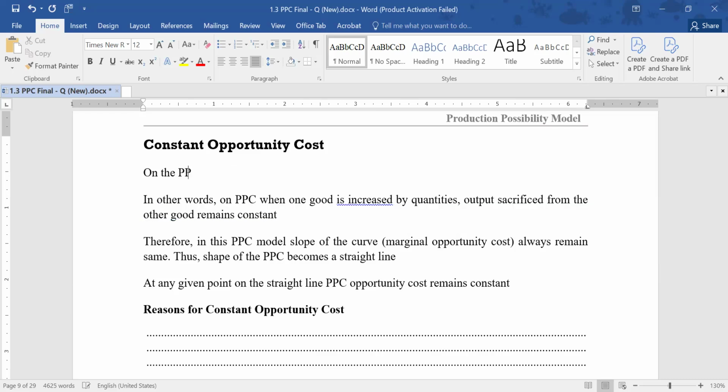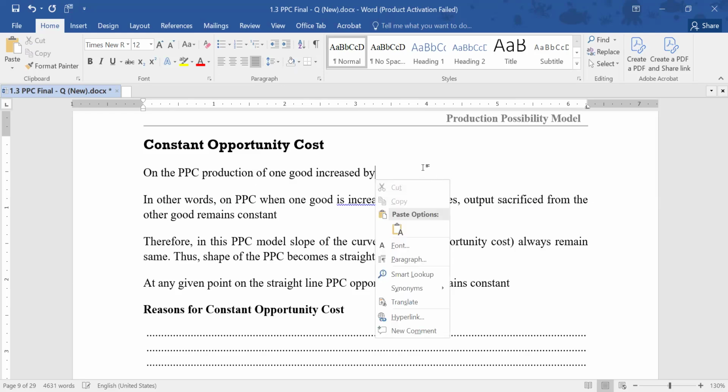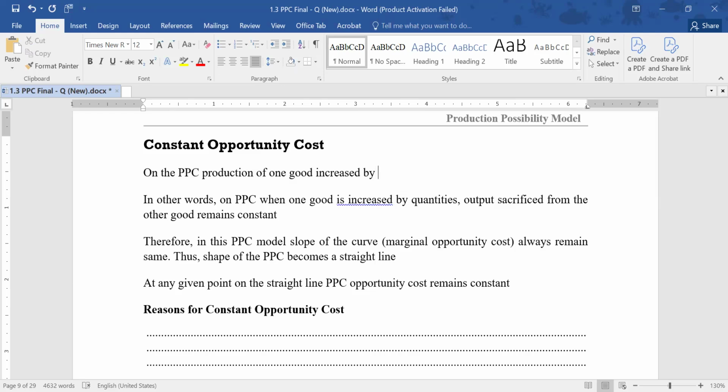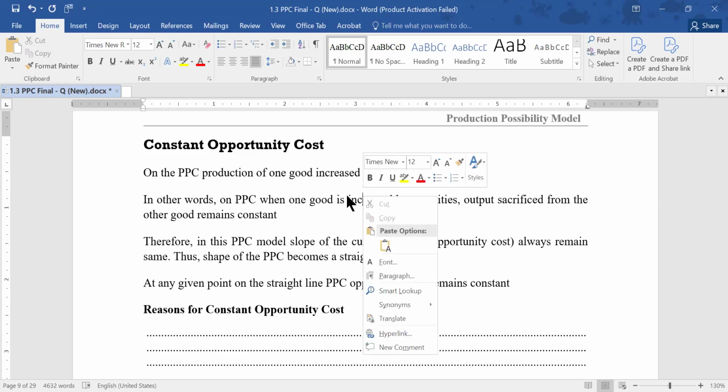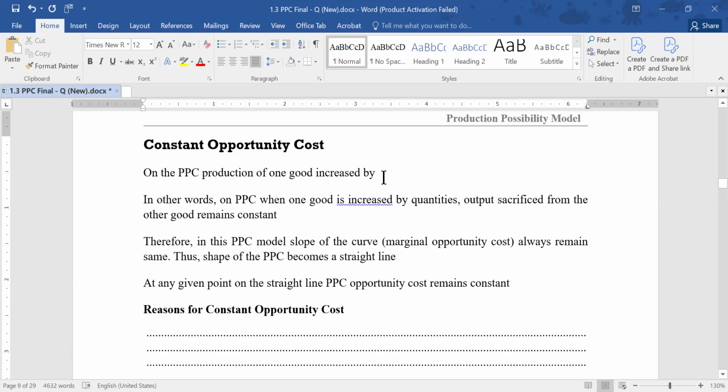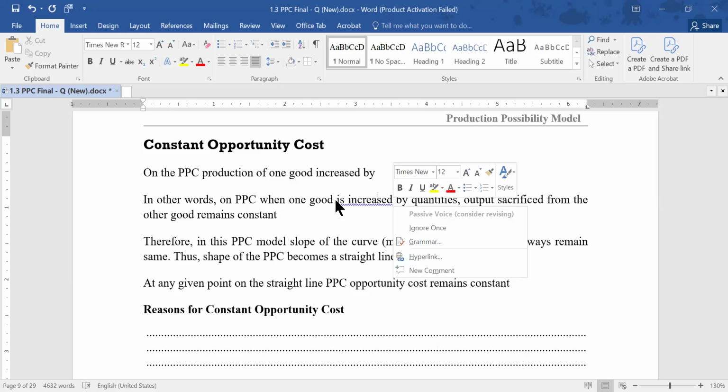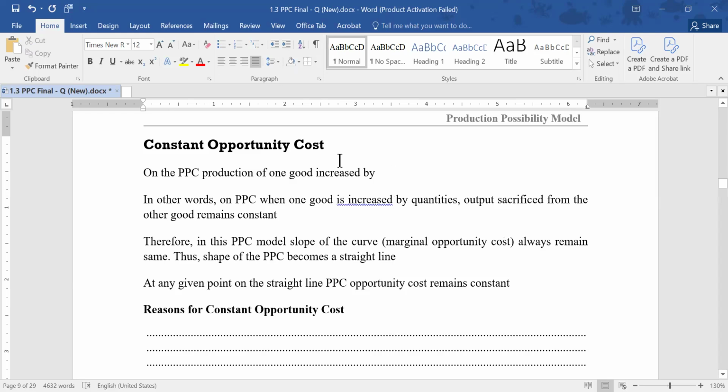On the PPC, production of one good increased by similar quantities or equal quantities.